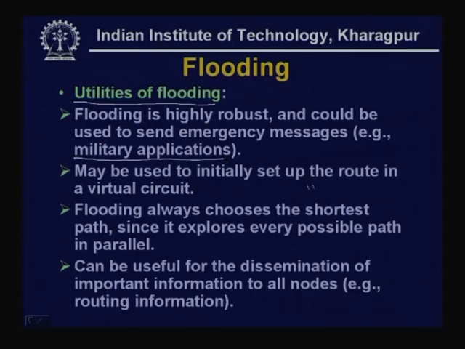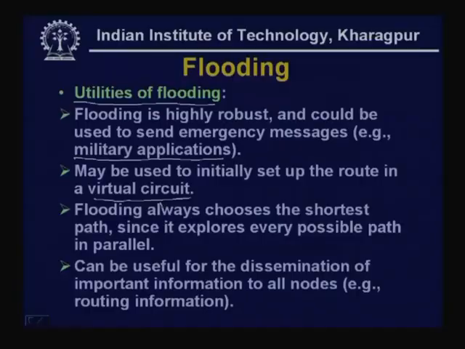Then it can be used to initially set up the route in the virtual circuit. As we know, in a virtual circuit initially a route is set up. The question arises how it will be set up. It can take help of the flooding algorithm to find out the best possible route.